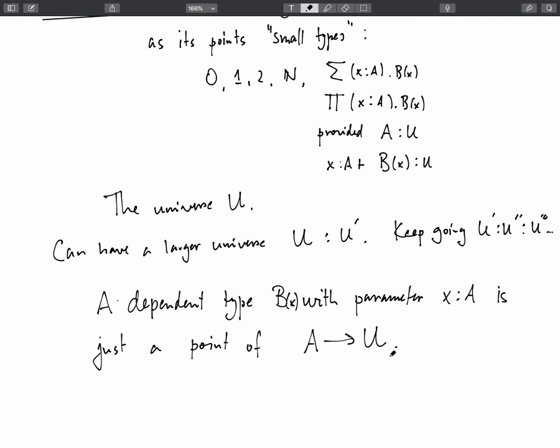You can do everything you like that way. So here you can think of U as some sort of a supertype, which accomplishes a similar idea. We are going to discuss this also. The universe will come up, but in the first instance, it's a simplifying idea. You see now that dependency is just this.